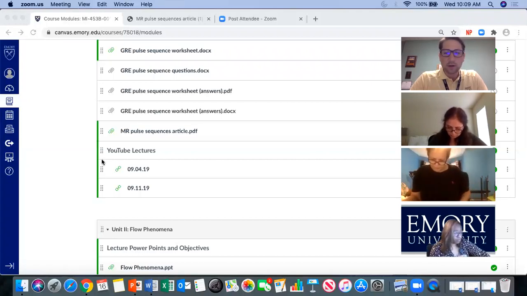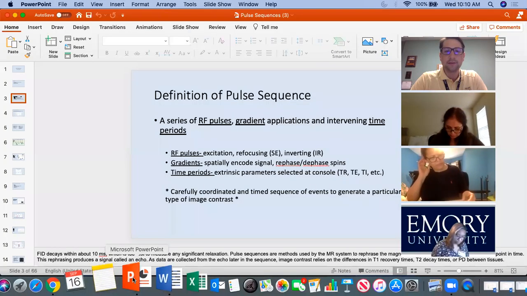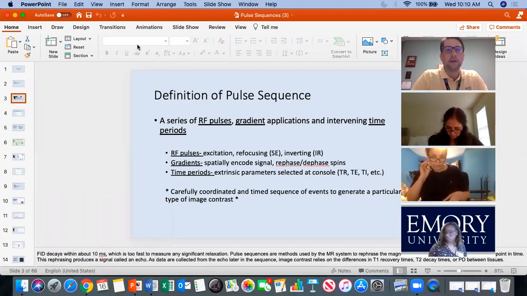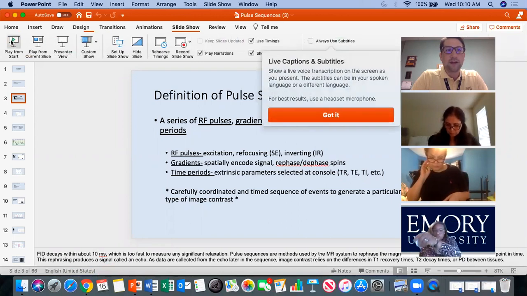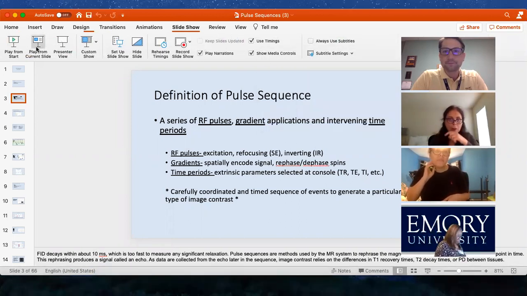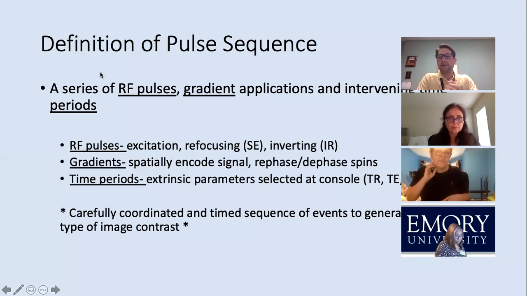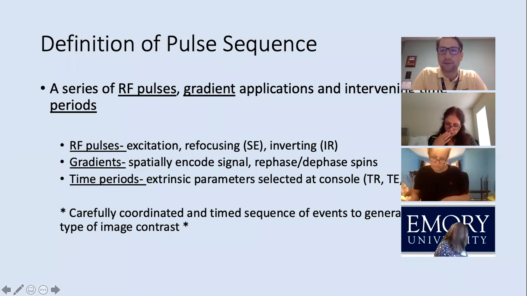So today we are going to be covering gradient echo pulse sequences, but it is good to start off with defining what a pulse sequence is, if we have forgotten.